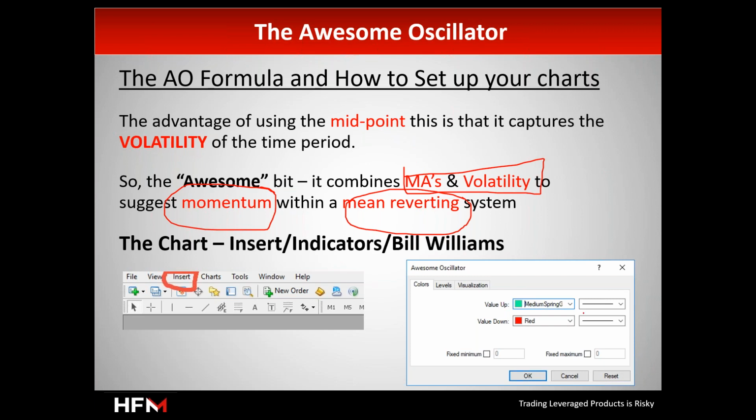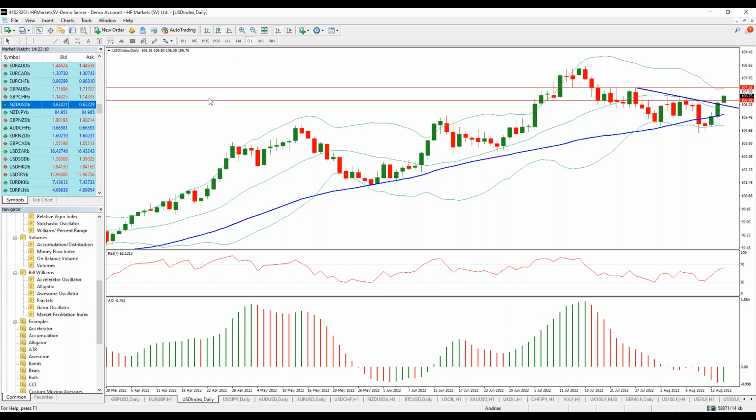So how you can put it on, as I said, it's under the Bill Williams tab in the navigator. I will show it once again just to make sure that we are on the same page. You can either enable the navigator over here, the folder with a star at the top, or insert.